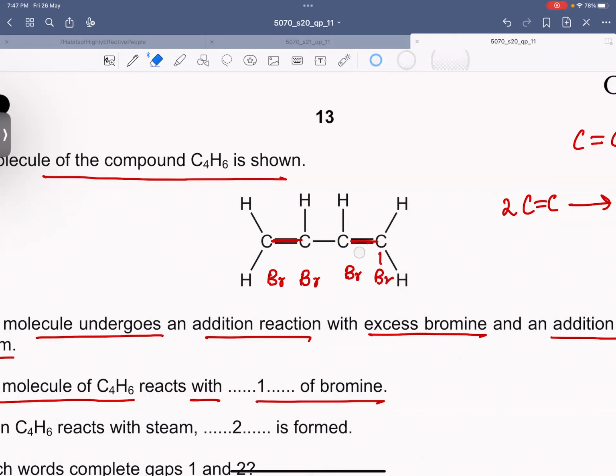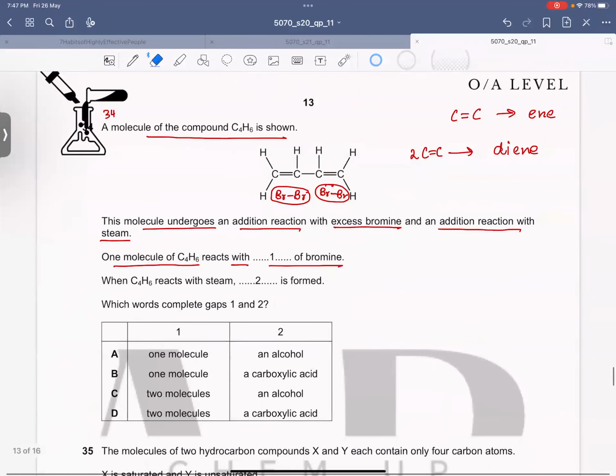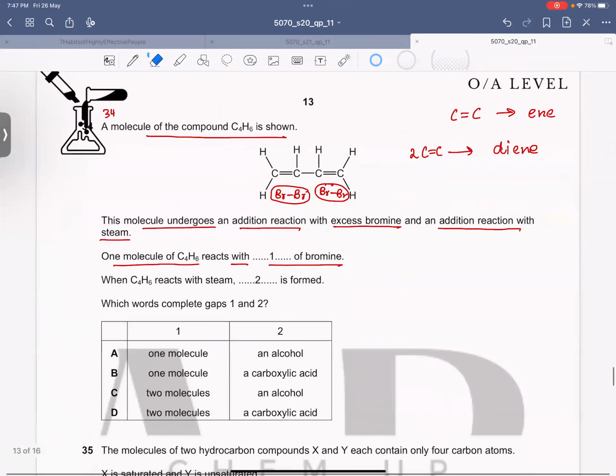So two bromine molecules undergo addition reaction here. It means that A and B are wrong because they have written one molecule. Is this understandable to everyone? Yes, sir.